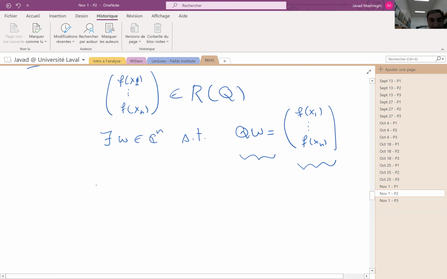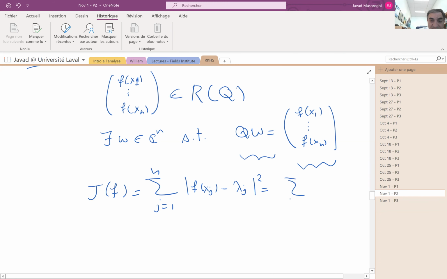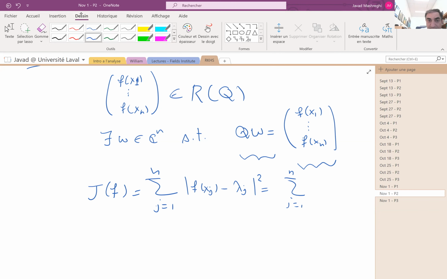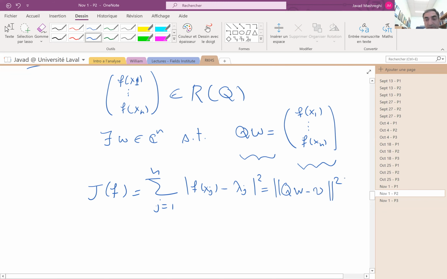And so we can write J of f, which is the sum j from 1 up to n of f of xj minus lambda j, squared. This is QW minus V squared in Cn.